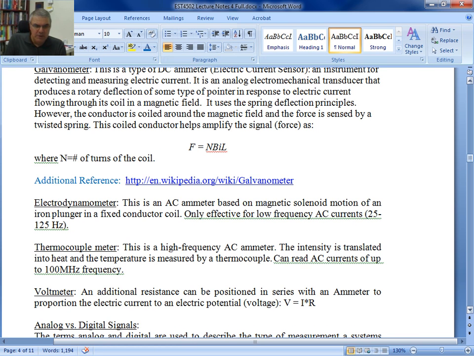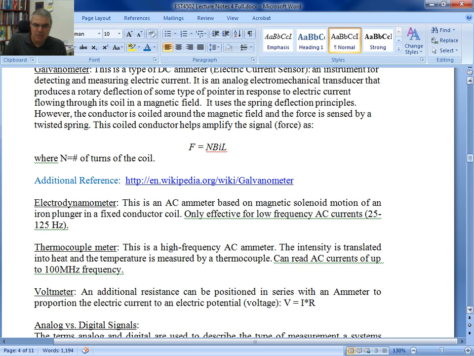The electrodynamometer is another AC ammeter, a meter based on magnetic solenoid motion of an iron plunger in a fixed conductor coil. They're only effective for low frequency AC.